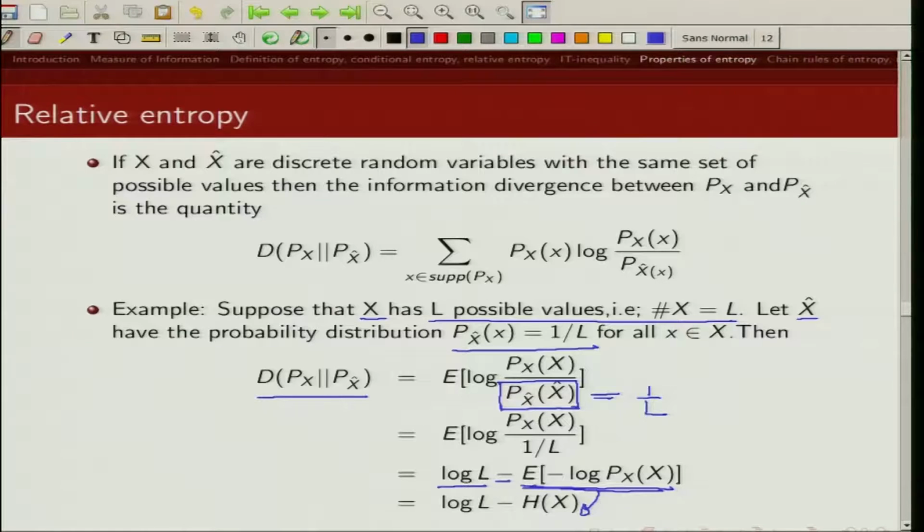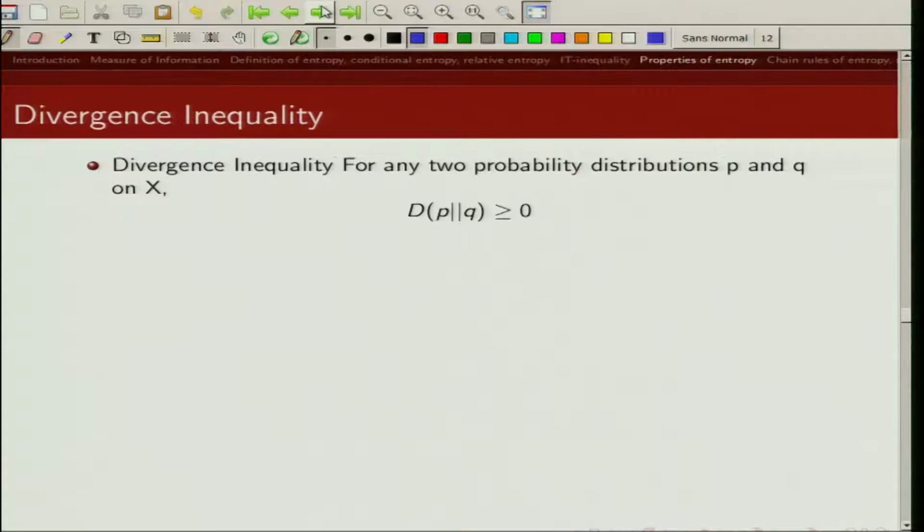So then I can write down the divergence between P of x and P of x hat is equal to log of L minus h of x for this particular random variable x and x hat. Now, divergence between any two probability distributions P and Q is always greater than or equal to 0.